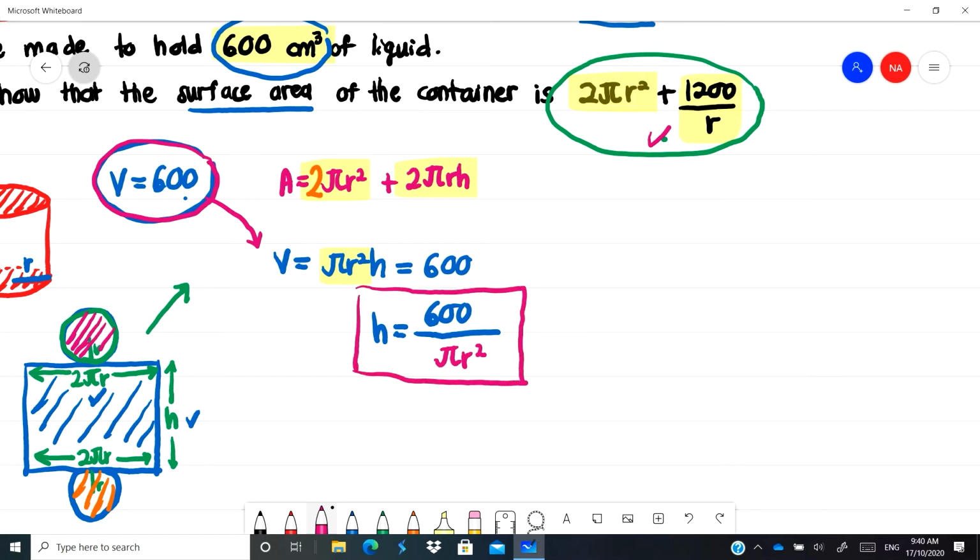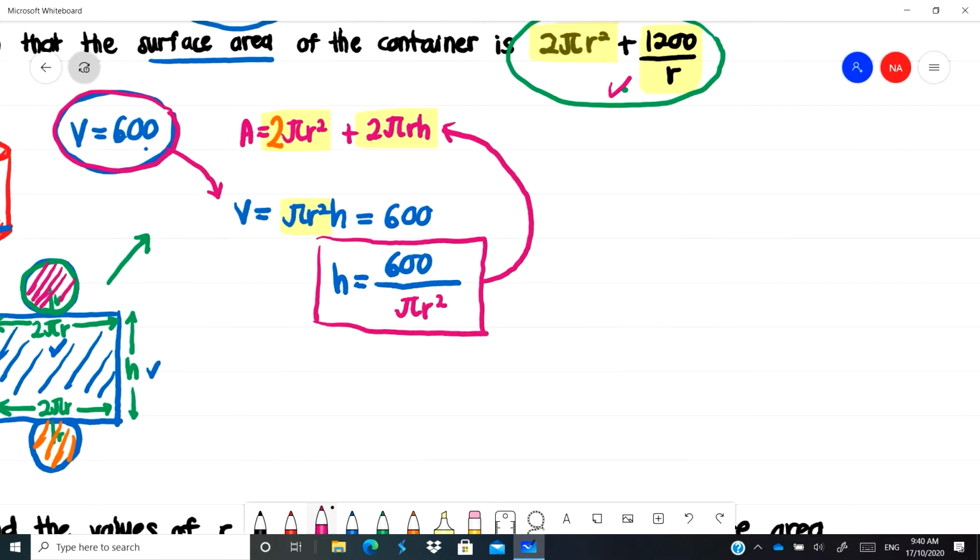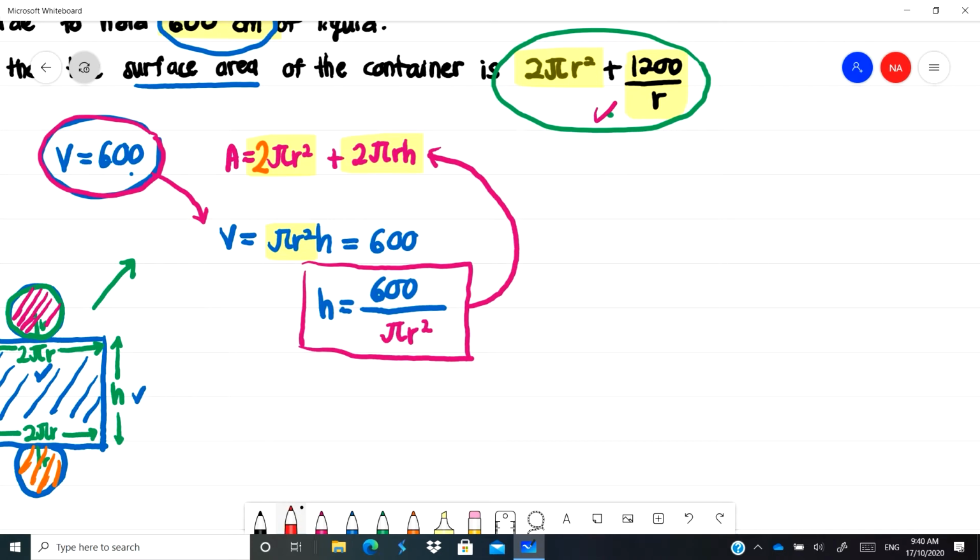So what we need to do is substitute the value of h inside this formula. I'm going to write A here: A equals 2 pi r square plus 2 pi r, where h is given by 600 over pi r square.